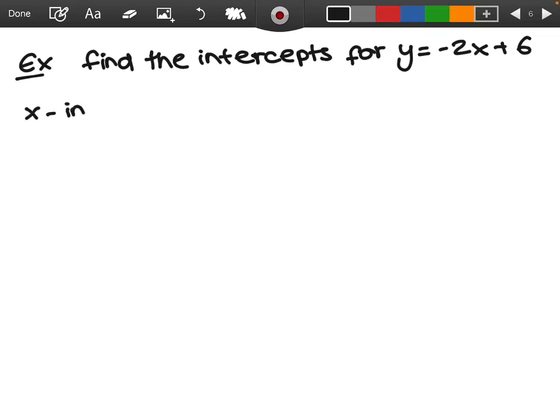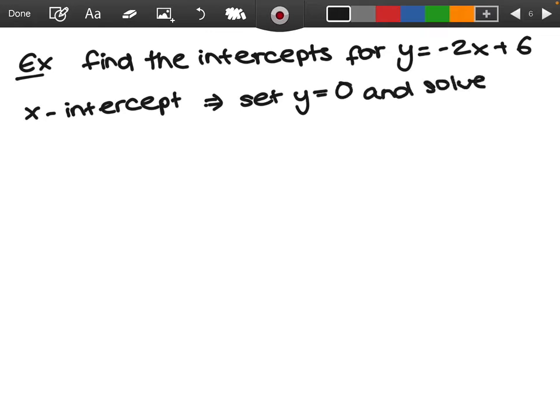For the x-intercept, I need to set y equal to 0 and solve for x. So if I set y equal to 0, my left-hand side equals 0, and I have negative 2x plus 6.